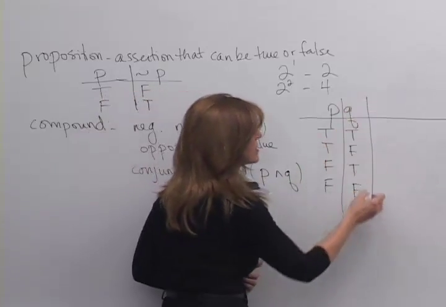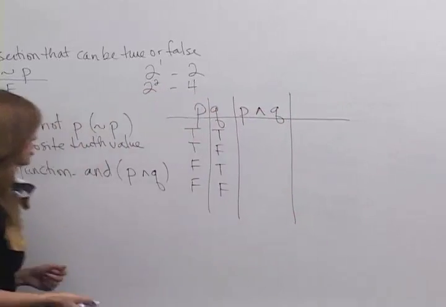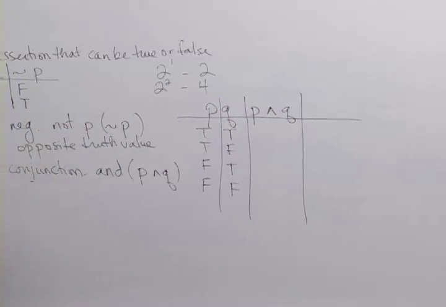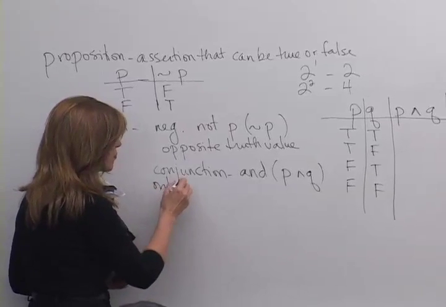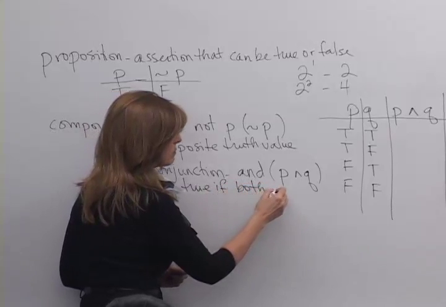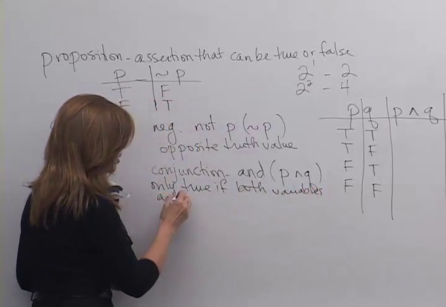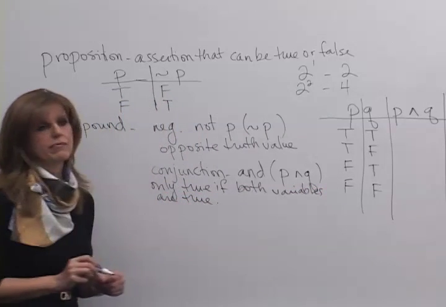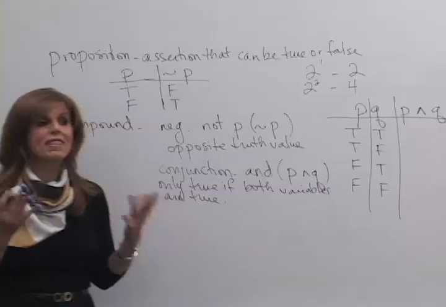So, if we consider P and Q, we're going to look at the rule of the conjunction. The rule of the conjunction says it is only true if both variables are true. Otherwise, it's going to be false. Think about it.